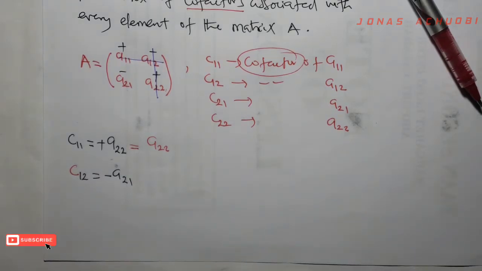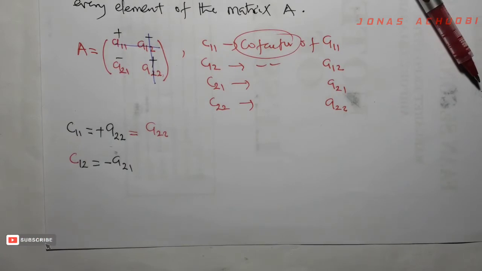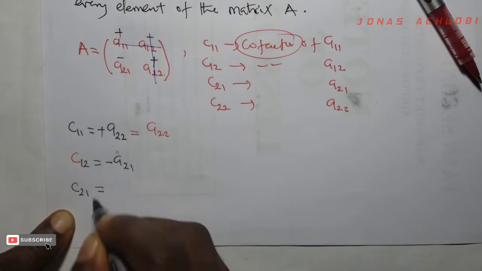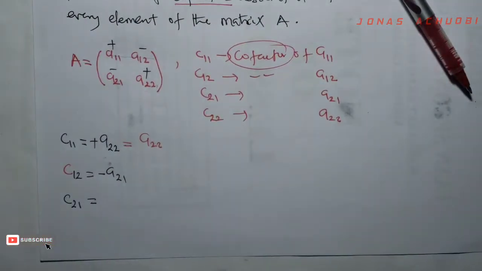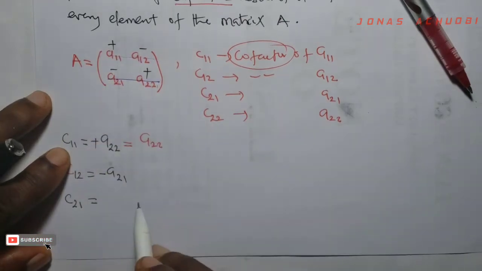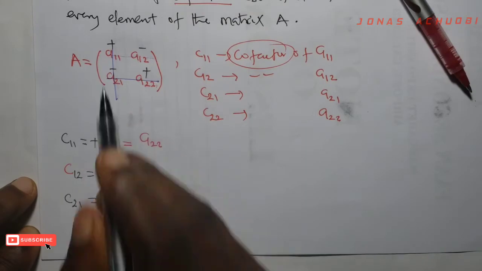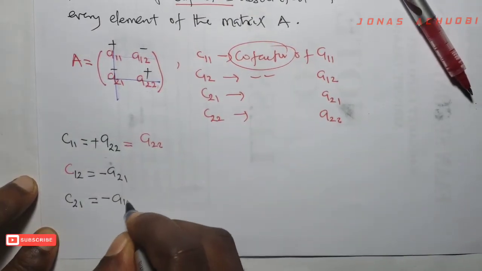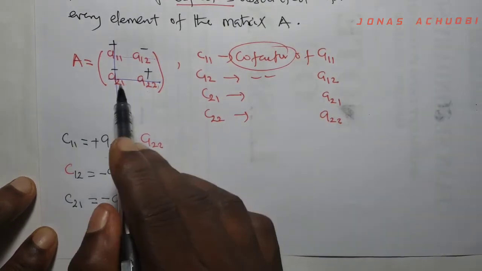Next you have the entry A21. The cofactor of A21, C21, is what? We'll do the same thing. We delete the entries on the row of A21 and the entries on the column of A21. But what sign would that be? For A21 this is minus. So what is left is A12, and minus A12 will be the cofactor of the entry A21.